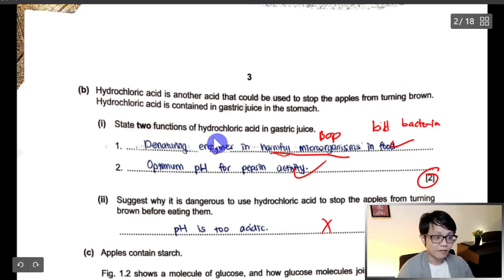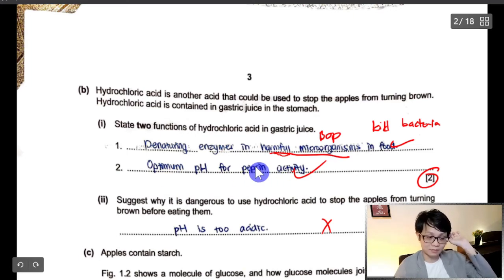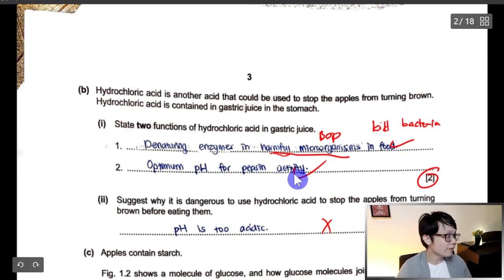State 2 functions of hydrochloric acid in gastric juice. Okay, so the first one is optimum pH for enzyme activity. You don't need to write pepsin, but it's still correct because the answer scheme is enzyme activity. The second, denaturing enzyme in harmful... actually, the function of hydrochloric acid is to kill microorganisms.